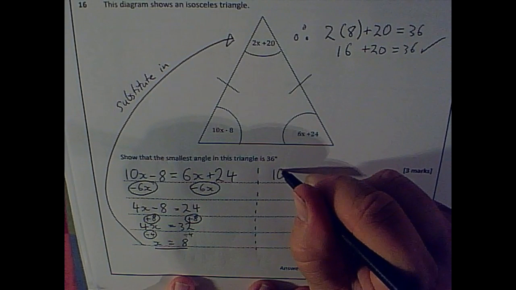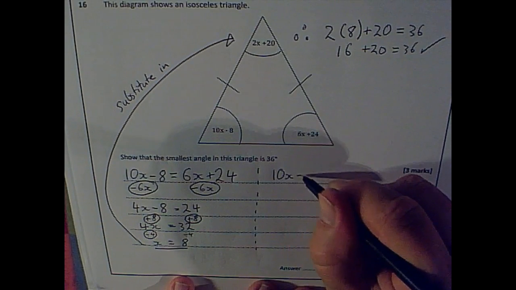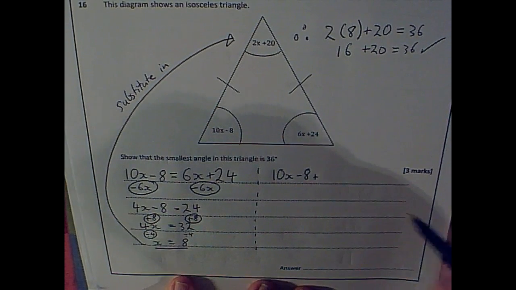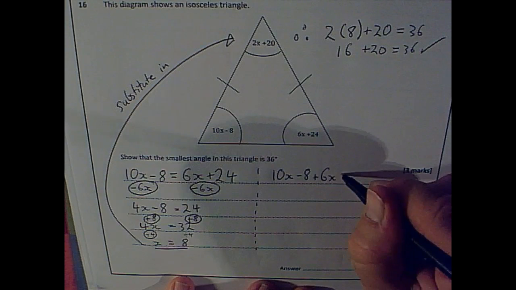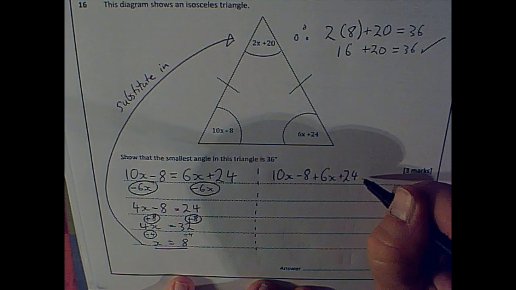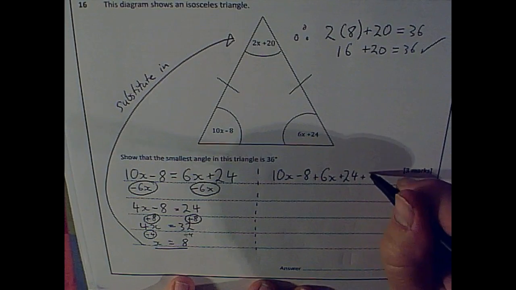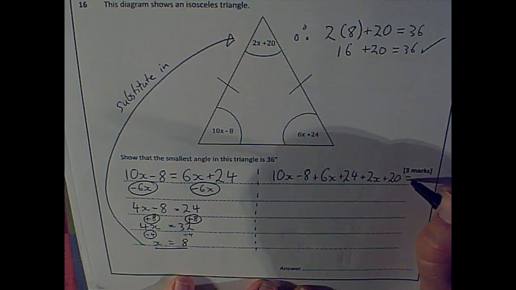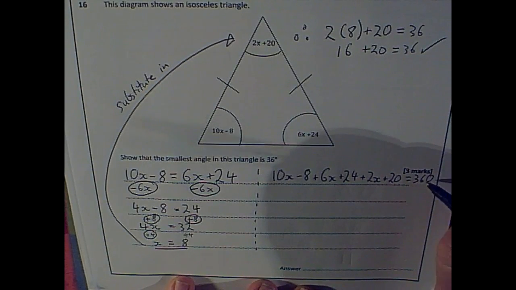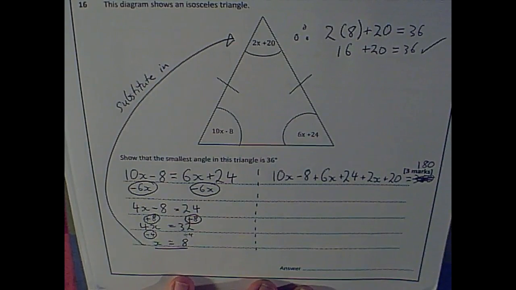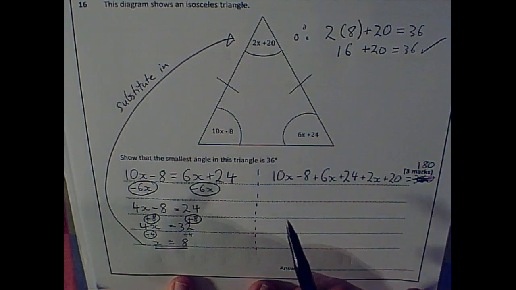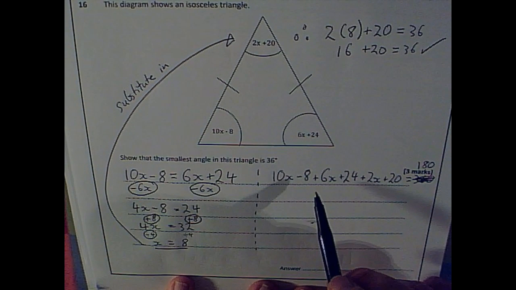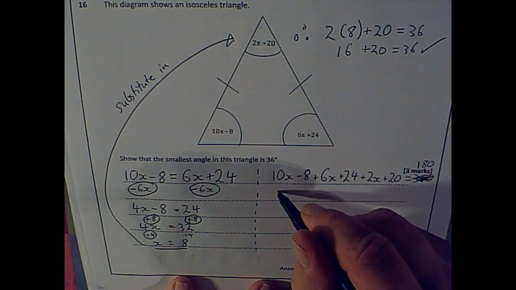So that gives me 10x minus 8 plus 6x plus 24 plus 2x plus 20 equals 360. Oh, 360, what am I doing? 180 degrees. So, I've got 10x plus 6x plus 2x gives me 18x.